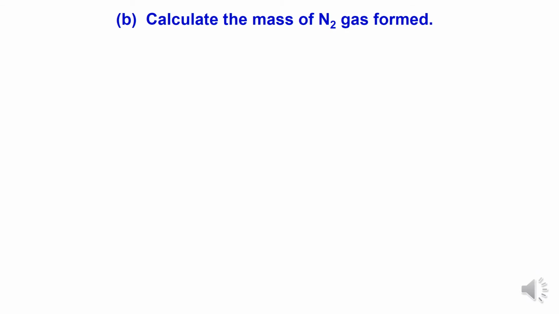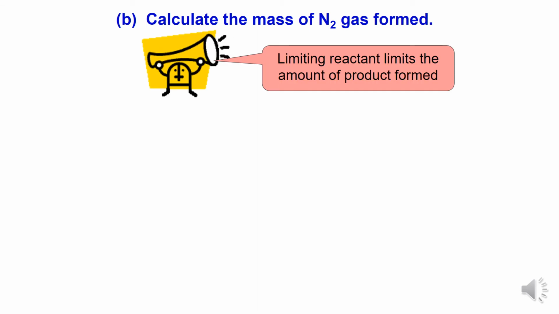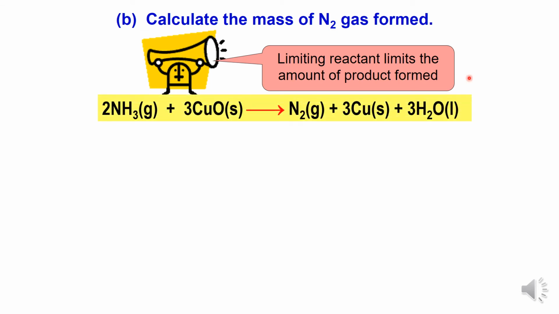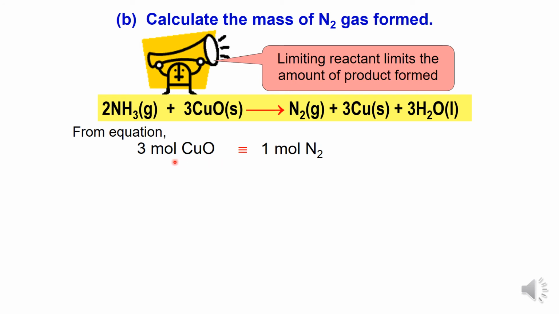Next, calculate the mass of nitrogen gas formed. The limiting reactant limits the amount of product formed. For this equation, how do we write the stoichiometry equation? First, you write from the equation: 3 mole CuO, copper(II) oxide, is equivalent to 1 mole nitrogen gas.